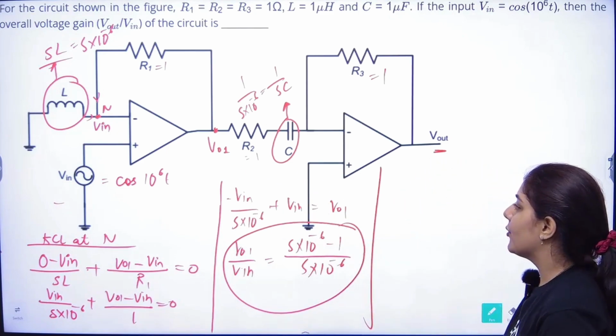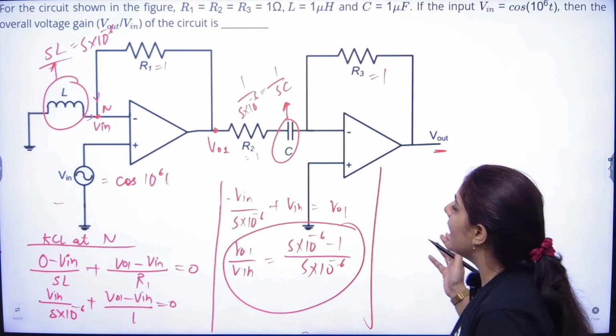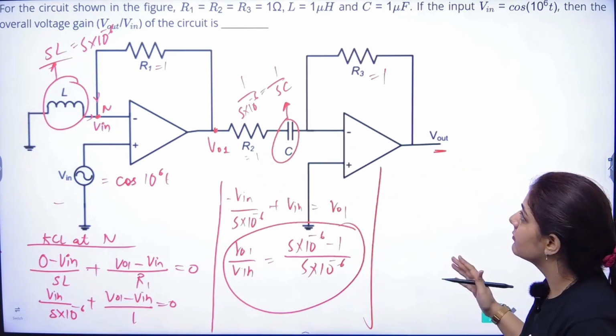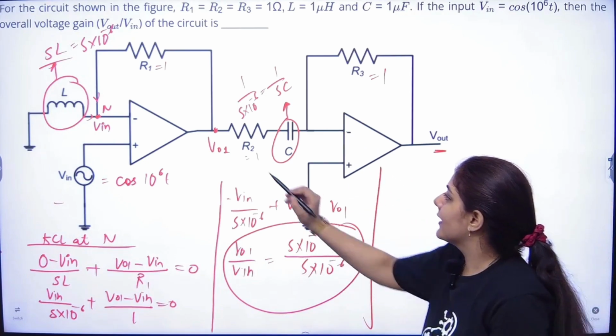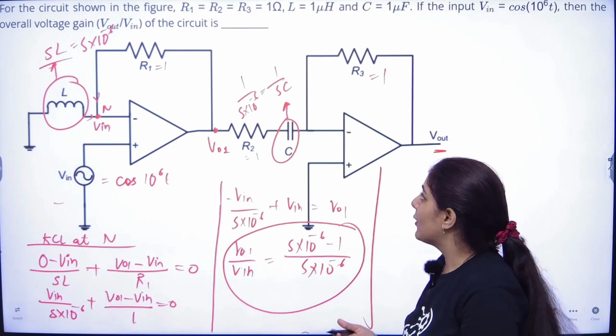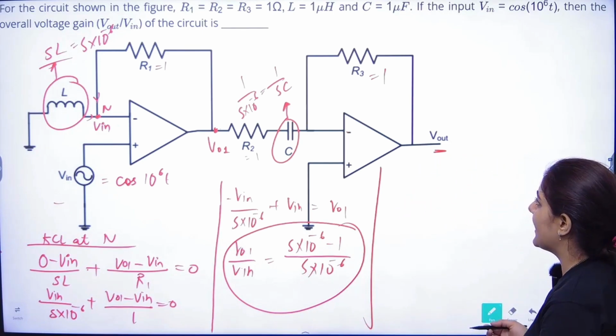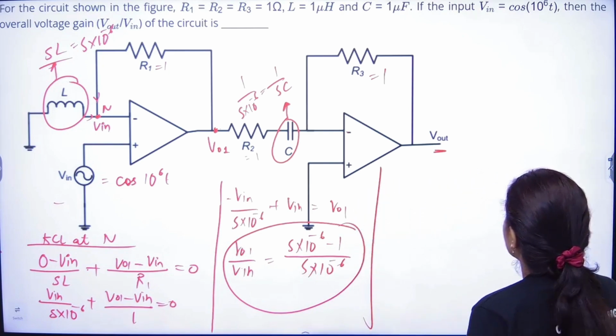Now what we have to do is calculate the gain of the second stage. Second stage, you can see directly, it is what? This is negative, and input is connected to the negative terminal only. So this is an inverting amplifier, right? So for the inverting amplifier, we know what the gain is. Gain is equal to minus.